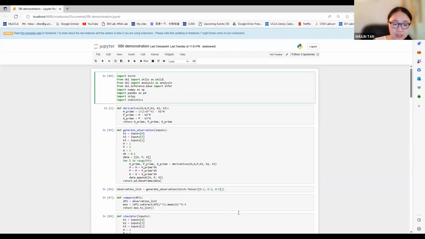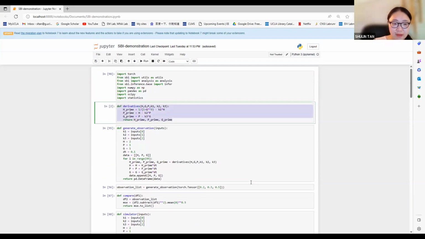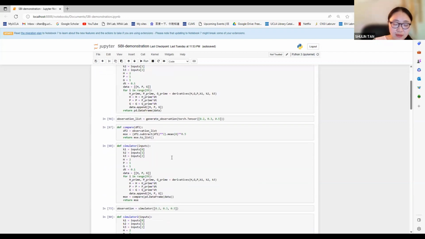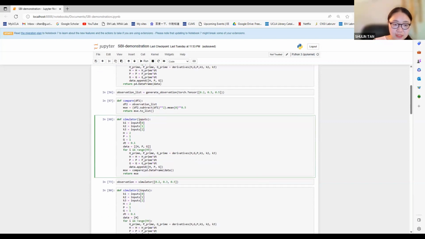Derivatives, which is what you see in my slide 2, the derivative of the parameters. You need to define a simulator, which is how you get the output given the parameters.